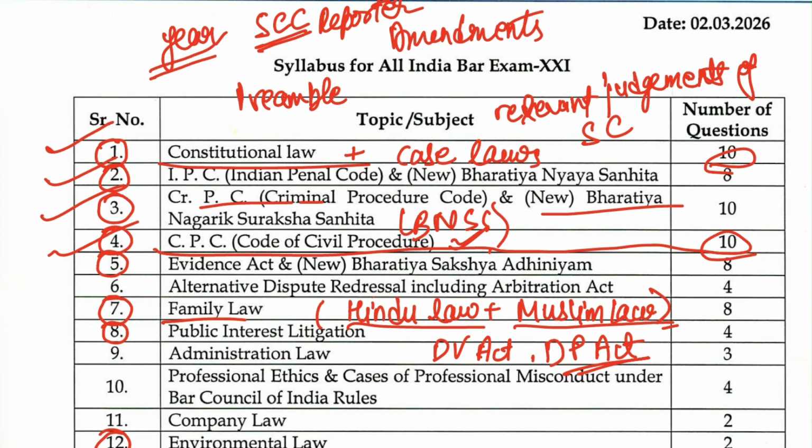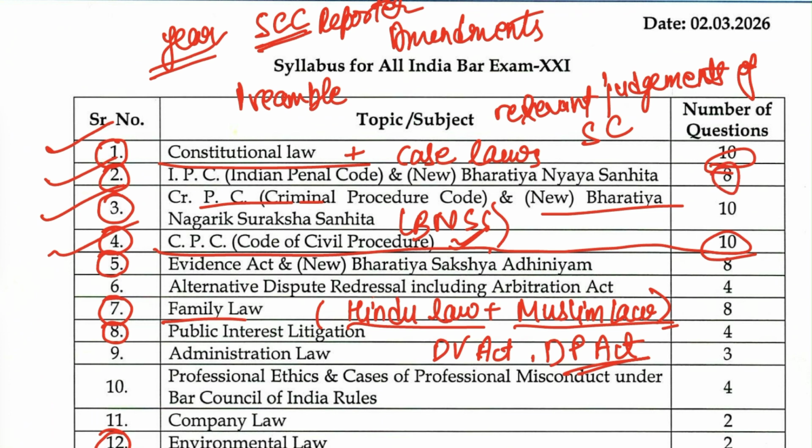They're also similar, only the section numbers are changed. Just look for any sections which have been omitted or newly introduced. Otherwise, this is sufficient for you to appear in your exam and qualify well.